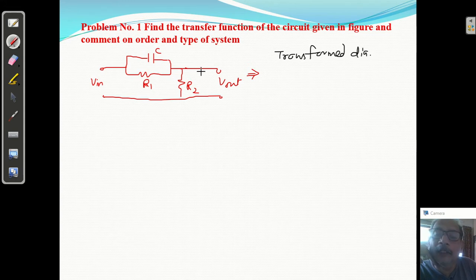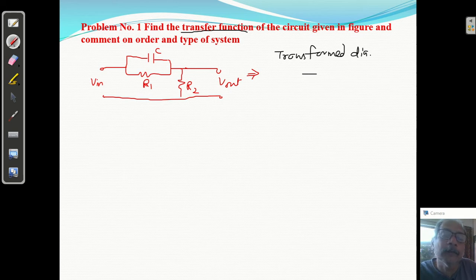What is the transform diagram? If you are going to find the transfer function, what is the transfer function? V out in S domain upon V in S domain. That is the gain of the system in S domain when all initial conditions are neglected. If you neglect the initial conditions, you can draw the transform diagram.